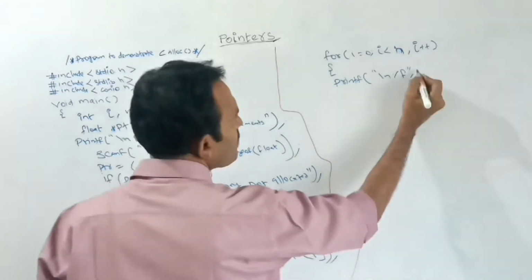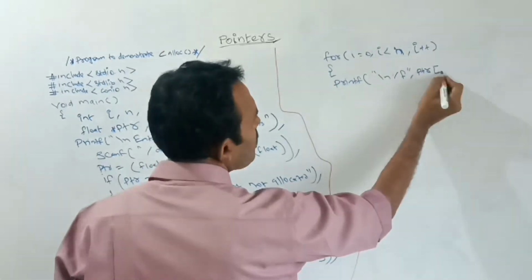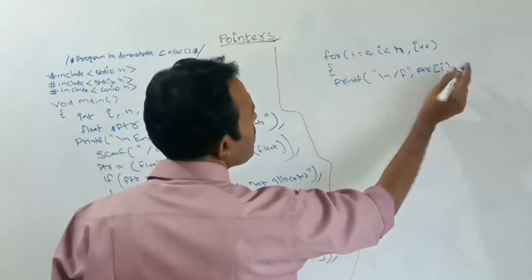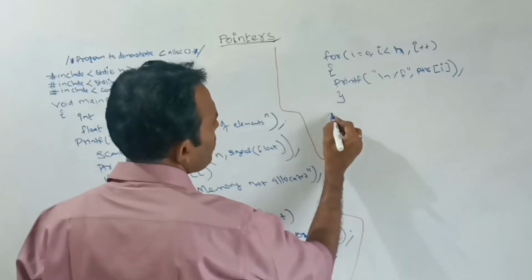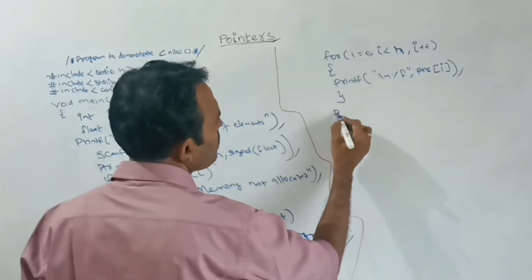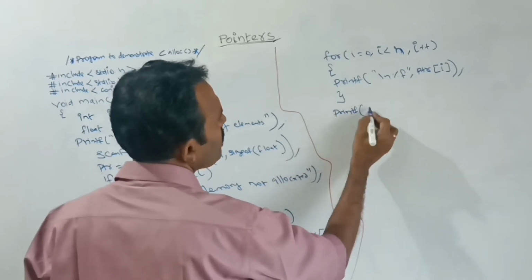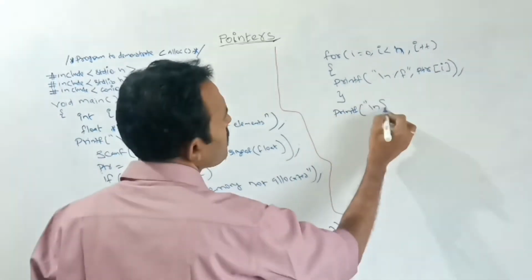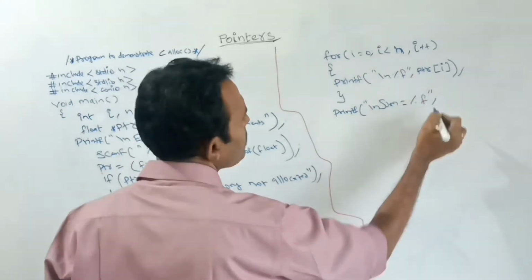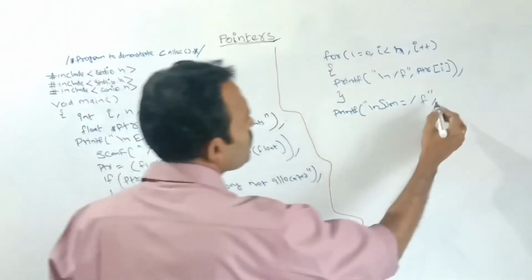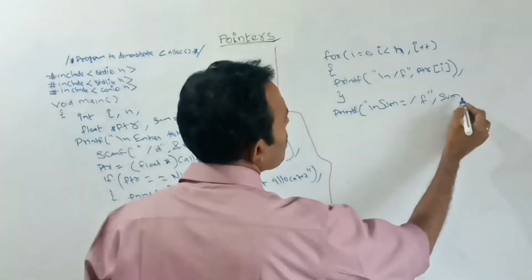Next, this pointer value at address. Finally, after printing this, you are telling printf backslash n sum is equal to percentage of f. Next, I am telling it to print that sum value, sum.